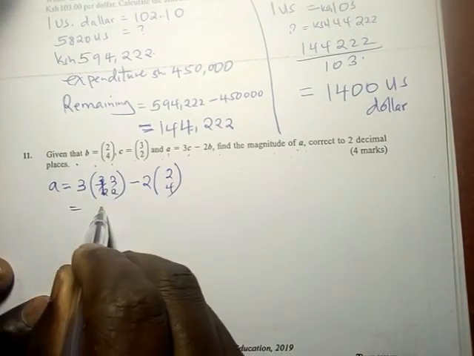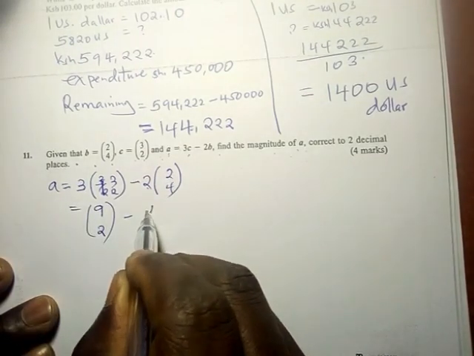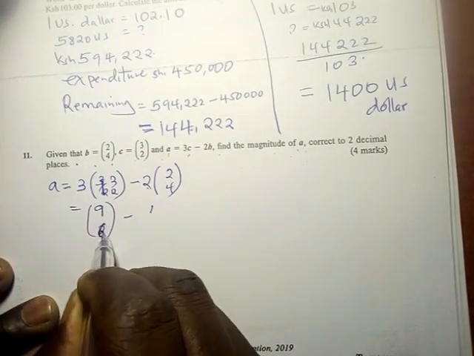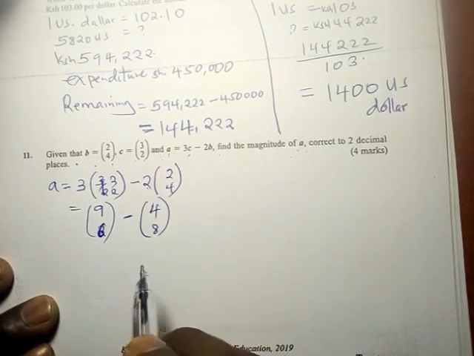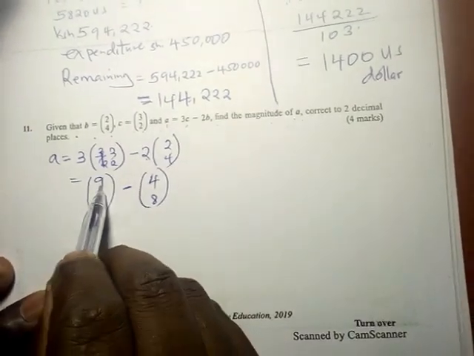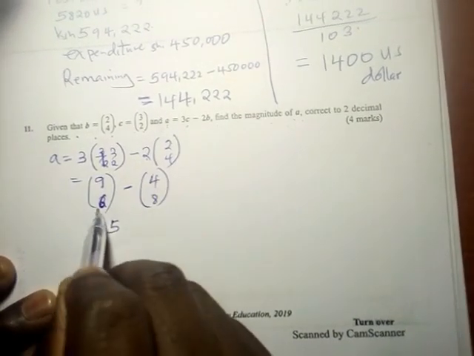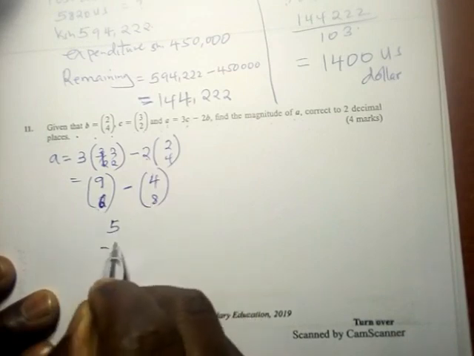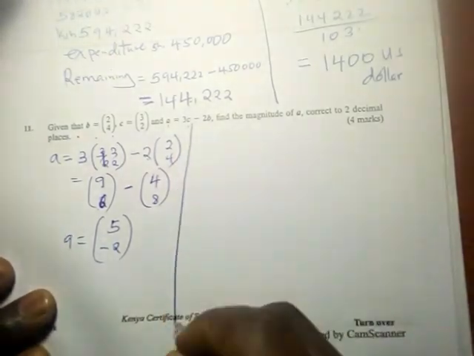So this times it is 9, 6, minus 4, 8. 9 minus this, we have 5, 6 minus 8, negative 2. So A is 5, negative 2.